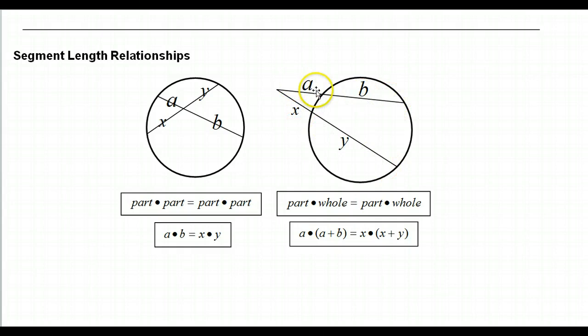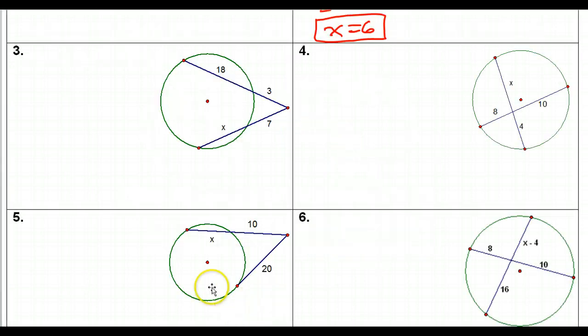Now, when I say part times whole, I mean the outer part times the whole thing is equal to the outer part times the whole thing. In this case, that would mean a times a plus b is equal to x times x plus y, like this. So let's see how that applies to number 3.